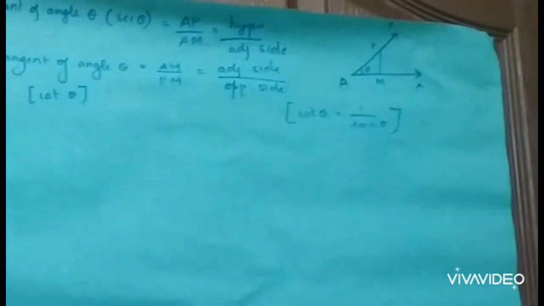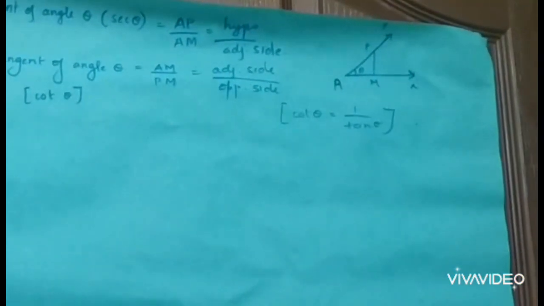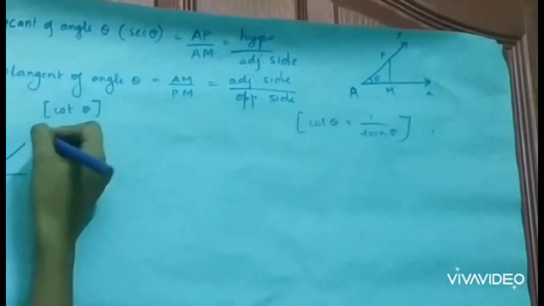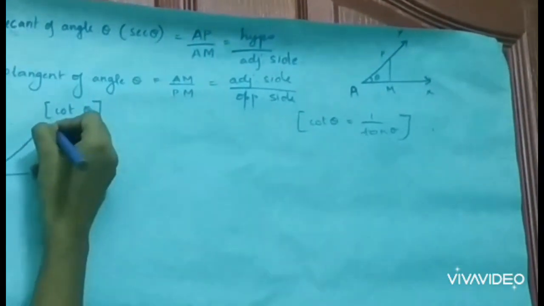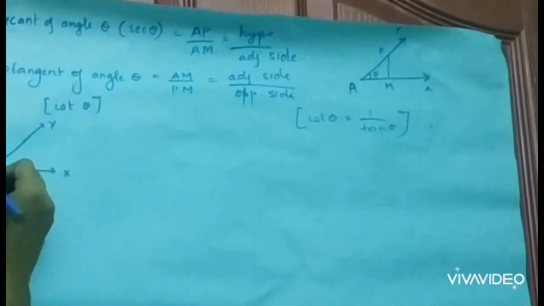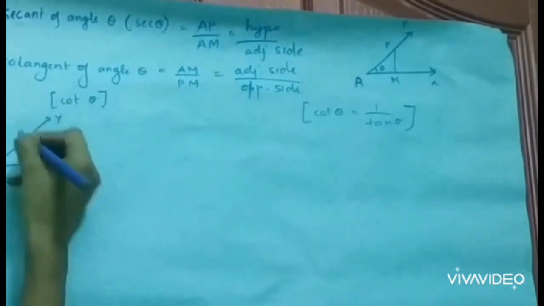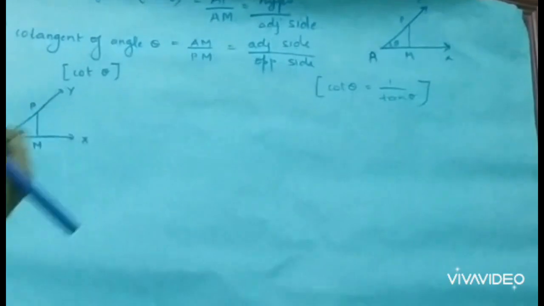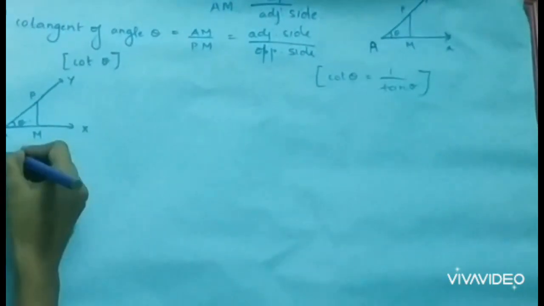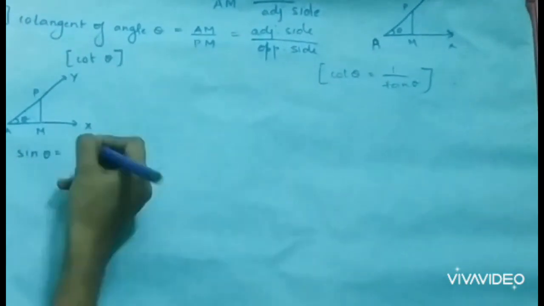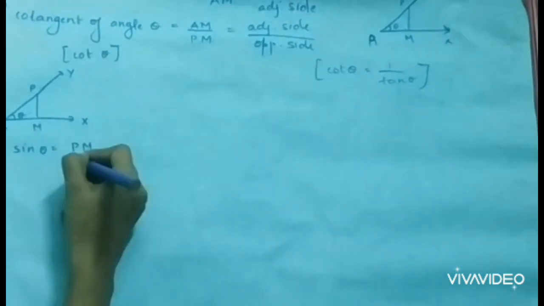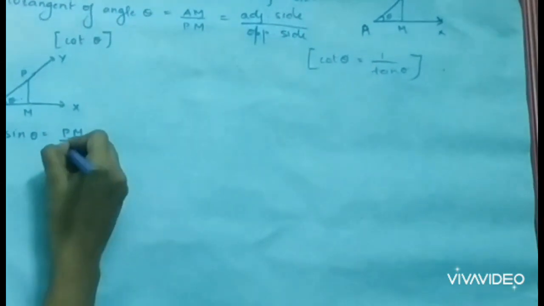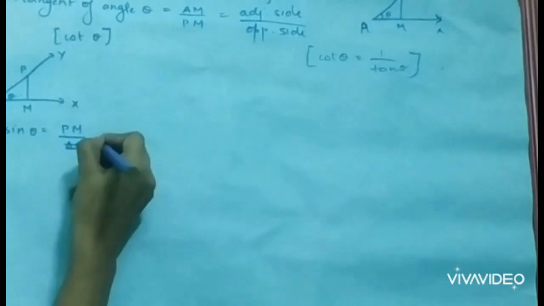We have a theorem that trigonometric ratios are the same for the same angle. That is, if this is our previously drawn figure, with Y, X, A, P, M and theta. Let us take sine theta. Sine theta is equal to PM by AP.